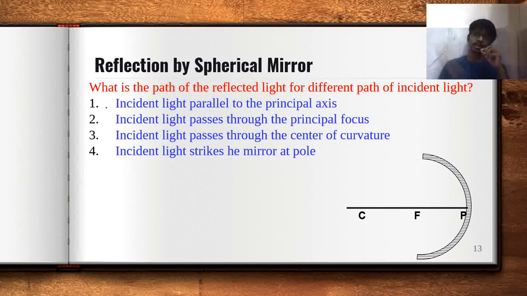There are four well-defined cases, and we can find the reflected ray for those four cases. To form the image we can take two reflected rays and find the intersection point. Then that intersection point will be the point of image formation.